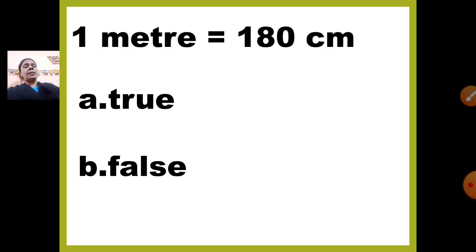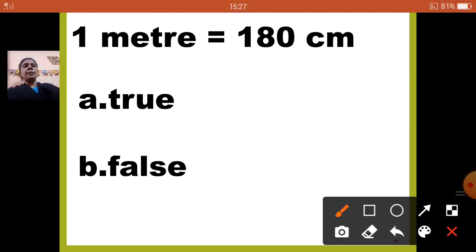Option B, false. Children, 1 meter is equal to how many centimeter? 100 centimeter. Correct. But here the answer is given as 180 centimeter. That means it is wrong. So what we are going to write? True or false? False. Why? Because it is wrong. Because the correct answer is 1 meter is equal to 100 centimeter. But here it is given 180 centimeter. So it is false.